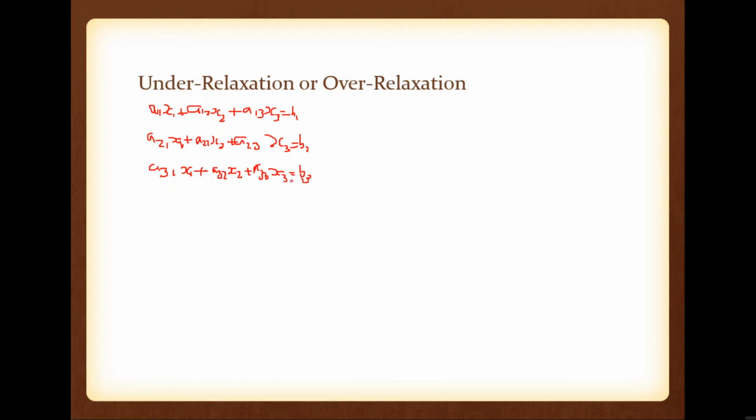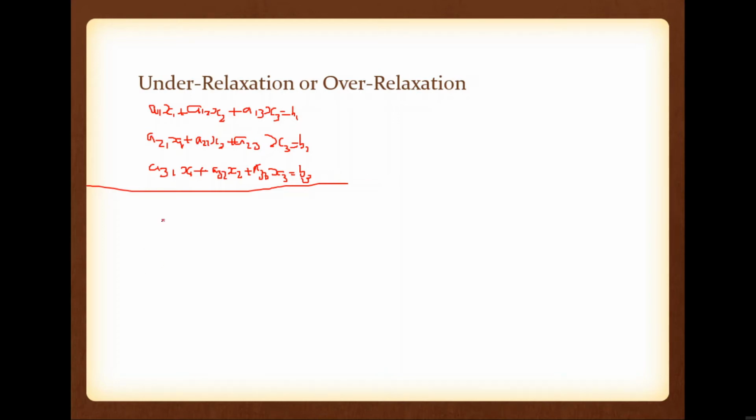Okay. So what we did in last class, we modified this system in such a way that first we tried to make the diagonal elements the largest ones by swapping. Then we shifted all elements to one side, meaning the right hand side is 0. Then we divided the entire equation by the negative of the diagonal element.